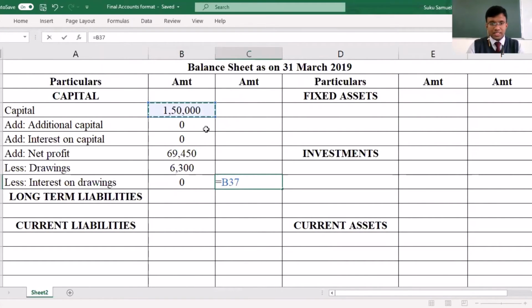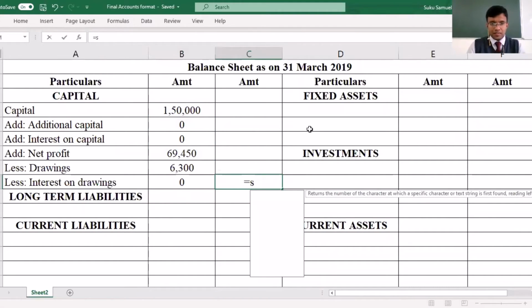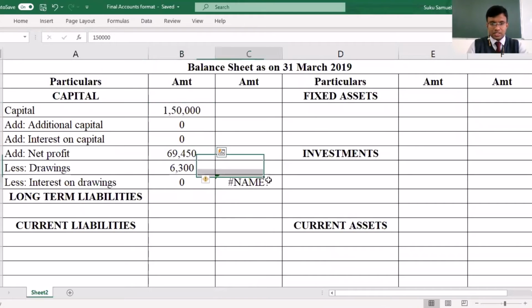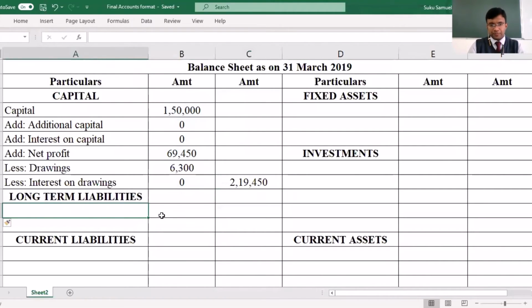So from all this, we will have to calculate the net amount, and let us do that right now. So the net amount works out to be 2,19,450. So 1,50,000 plus 69,450 minus drawings of 6,300, you will get this.